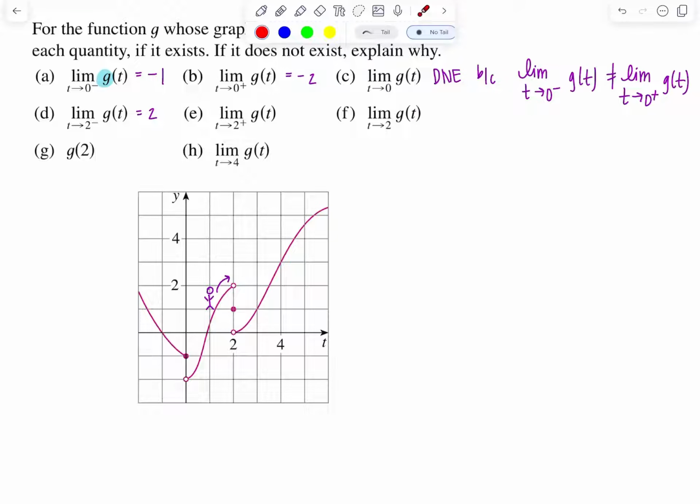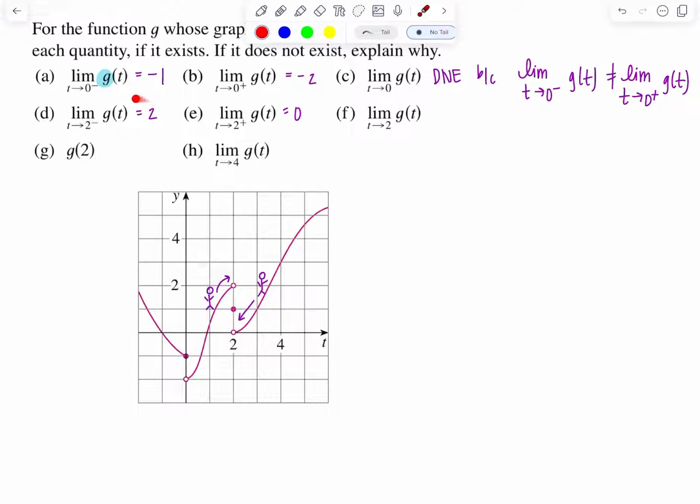What about now if you're walking on the graph towards 2, but from the right side? So we're coming from over here. What y value are you approaching? That's the limit. You're going towards 0. All right, so now what do we say? The limit as t approaches 2, the two-sided limit of g of t.